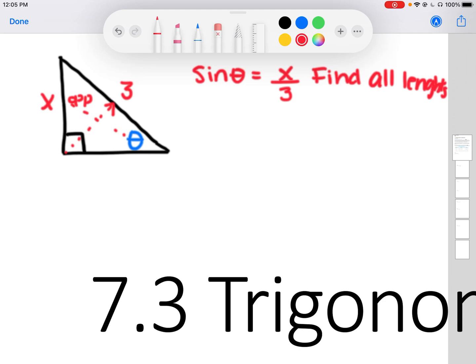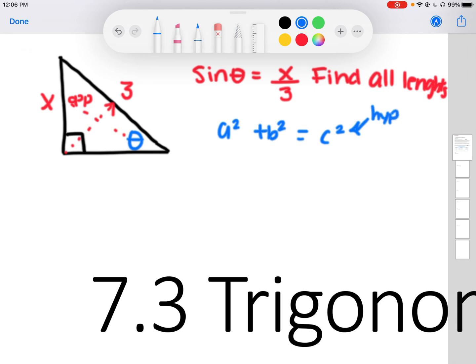Now to find the other length, remember we have a 90-degree triangle, so we just use our Pythagorean theorem: a squared plus b squared equals c squared. Remember, c squared is always your longest side, which is your hypotenuse.